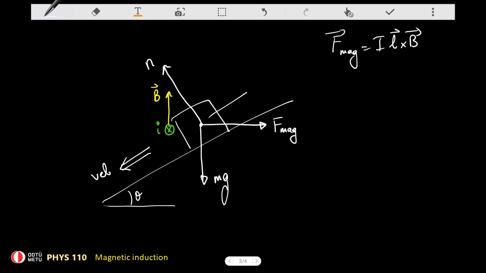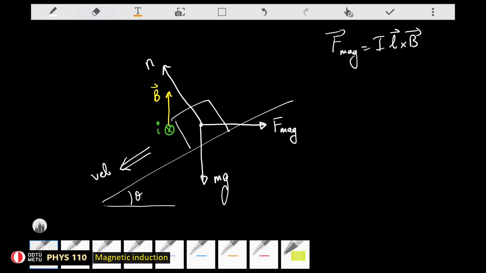So the magnetic force acts in a way that it slows the motion, but it's not directly opposite to the velocity. It's just horizontal. That's reasonable because, of course, the magnetic field is upward, right? The magnetic force should be perpendicular to the magnetic field. So it's determined by the direction of the magnetic field.